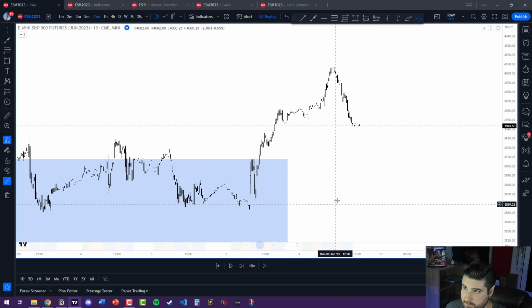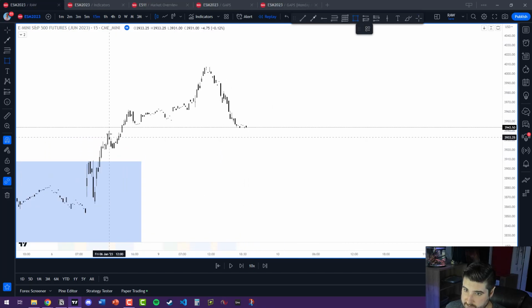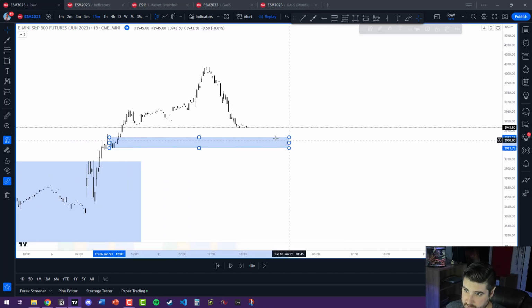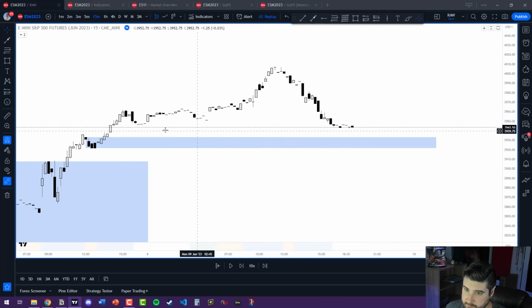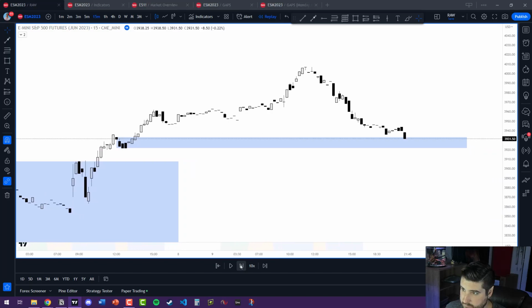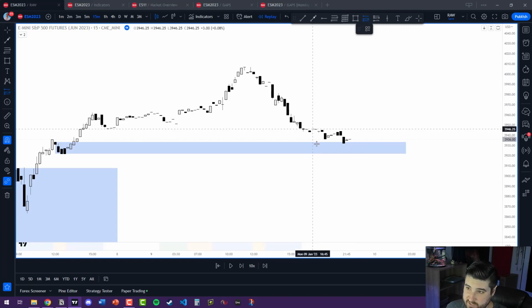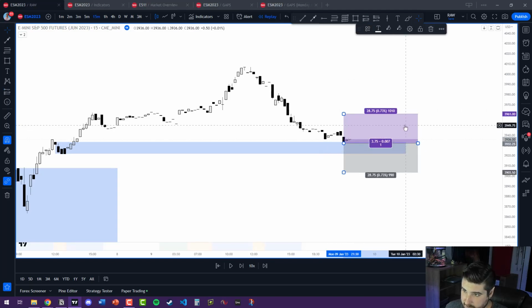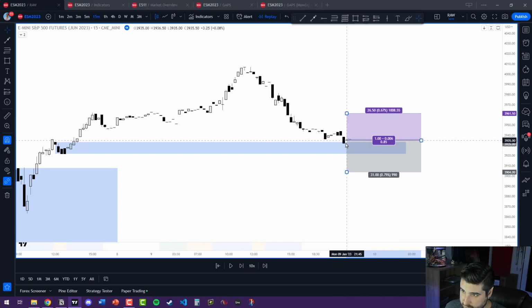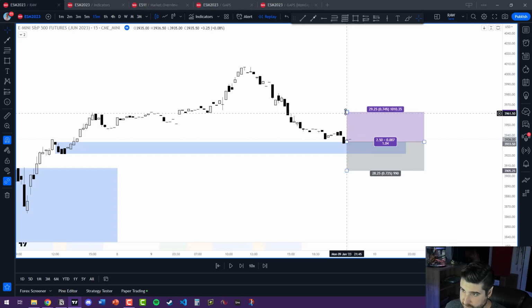Okay, so we have this order block here. Will there be a setup forming for us? So I go on lower time frames, but for this purpose, let's say price went in, and when it came out, you got in on a trade.